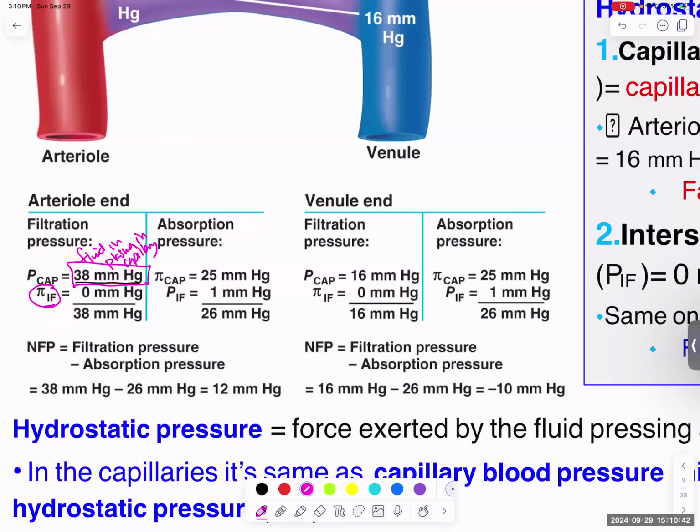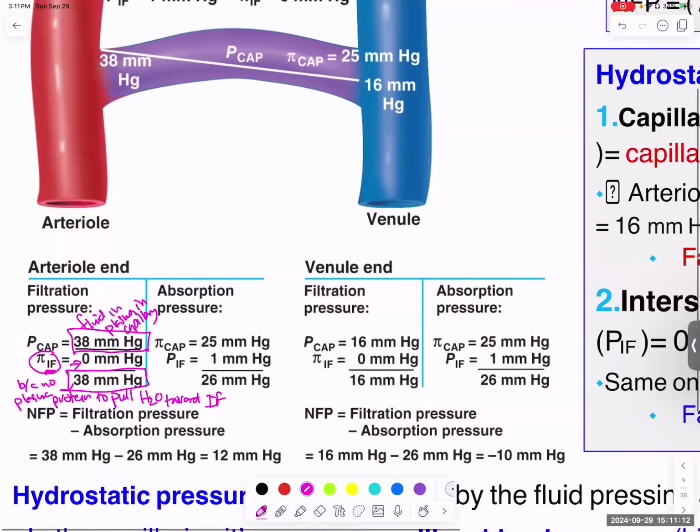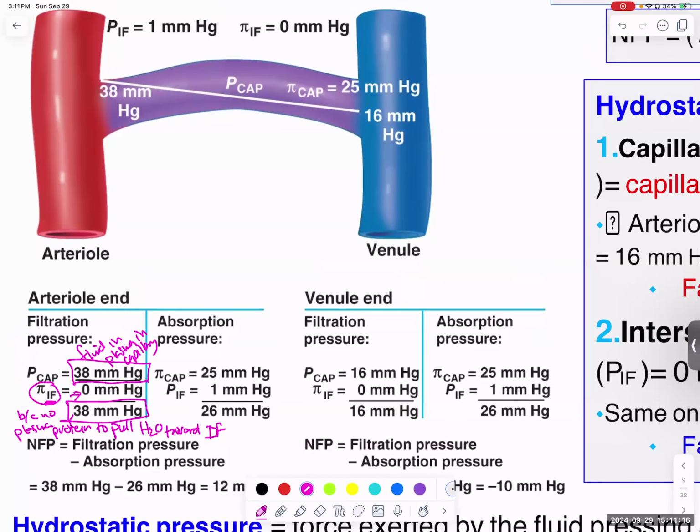There's no osmotic pressure in the interstitial environment because there are no plasma proteins to pull water towards the interstitial fluid. That's why it's zero. So there's no osmotic pressure outside of the capillary. So there's 38 millimeters of mercury that is the pressure that wants fluid to leave, right? This is the pressure that is driving fluid to leave the arterial end of the capillary.